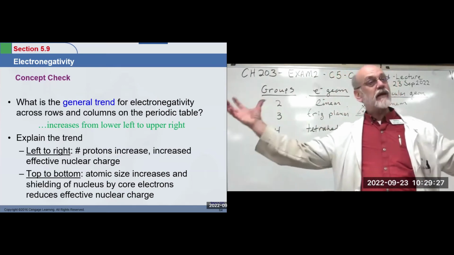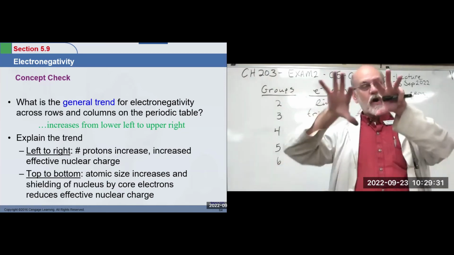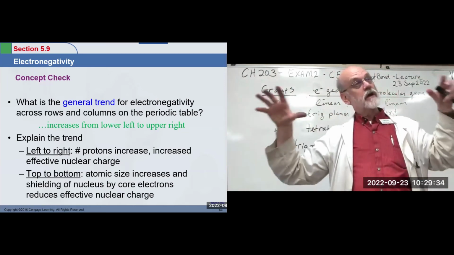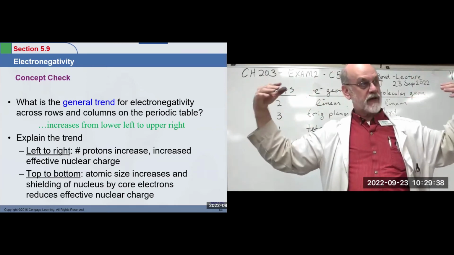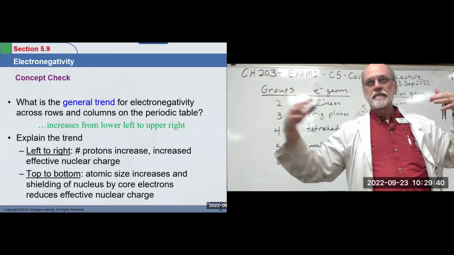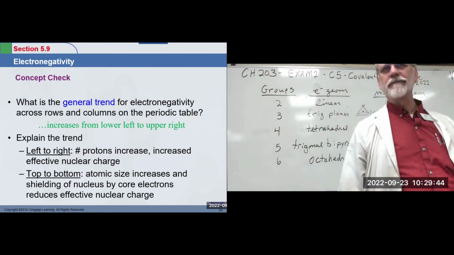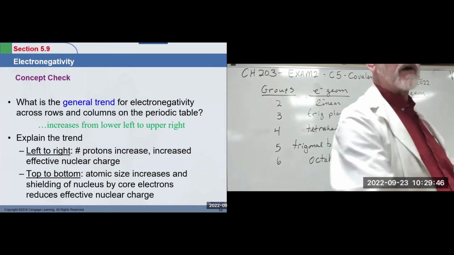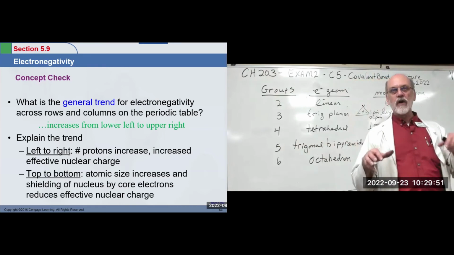Because of all these extra electrons in the outer shells, they're holding those approaching atoms at greater distance, right? And if you know physics, nobody said physics in here, right? Okay, if you know Faraday's law, it's kind of like Newton's law of gravitation.